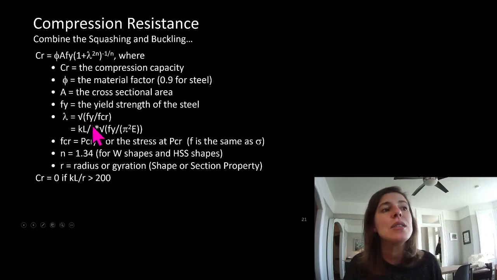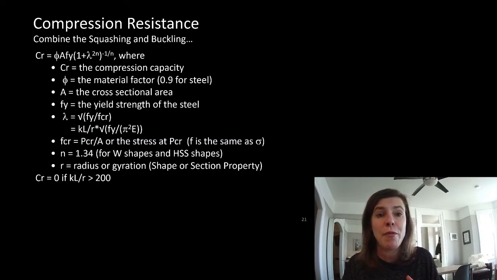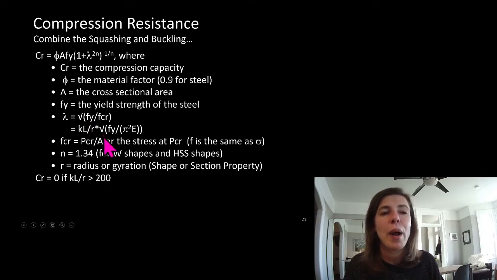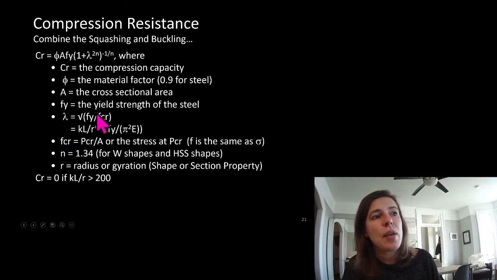It's another way of talking about extreme fibers. If you remember, I was all about extreme fibers, and so this is just another way of talking about that. So this FCR is just a rewriting of that equation. We're going to stick with doing it this way, I think.